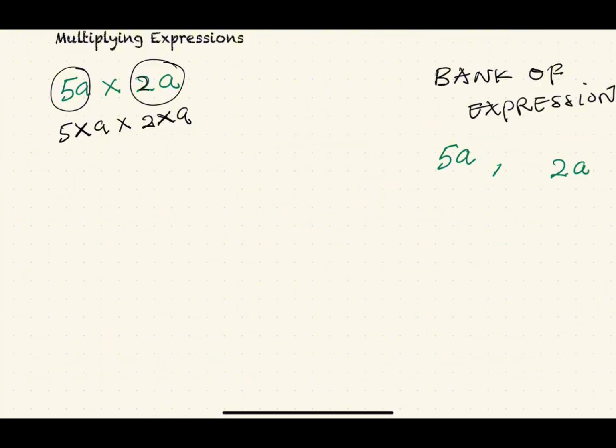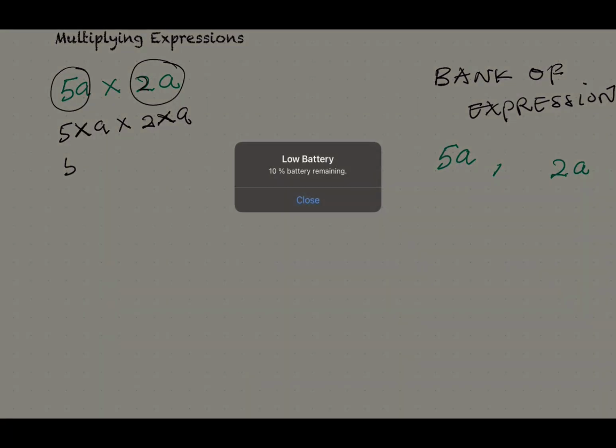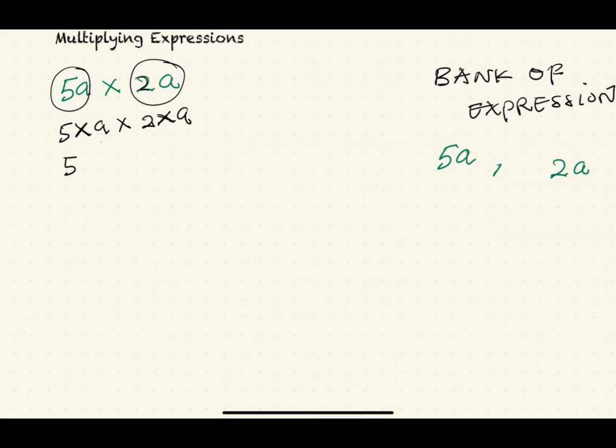All right, so when we have something like this, it also means that we can just put the numbers first. So for example, 5 can come first, and then the 2 is multiplying second, and then the A, and then the A again.